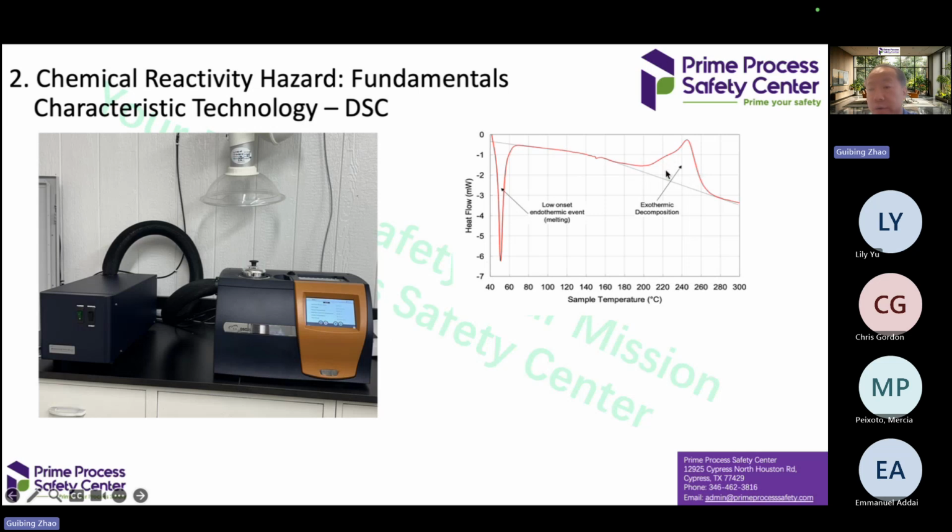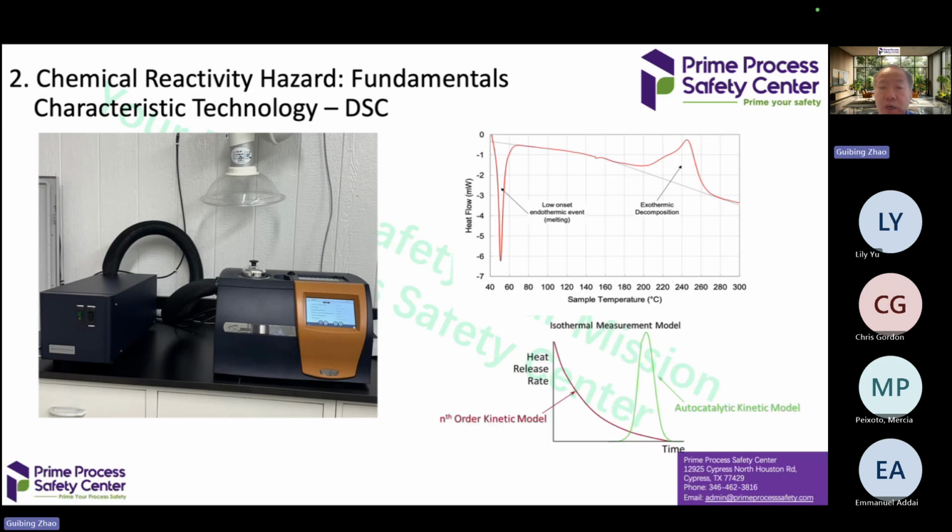We can integrate this area to know how much energy can be released from this reaction. Here we can also get the onset temperature of the exothermic reaction. With DSC, we know the energy level of chemicals, how much energy can be released from a temperature rise, but DSC doesn't give any pressure information.